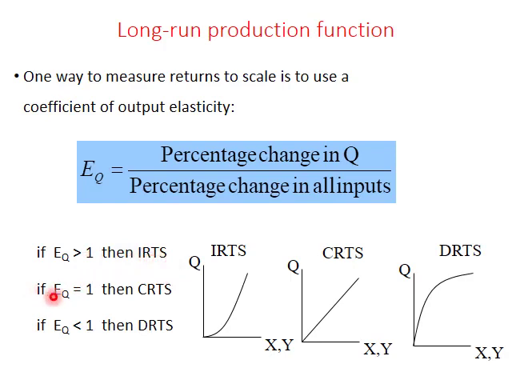If the coefficient of output elasticity is equal to 1, then it becomes constant return to scale. And if the coefficient of output elasticity is less than 1, then it is decreasing return to scale.